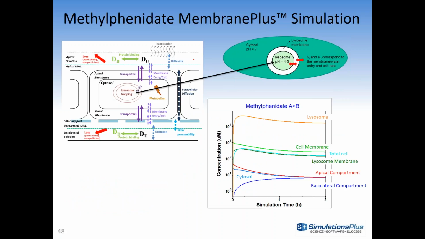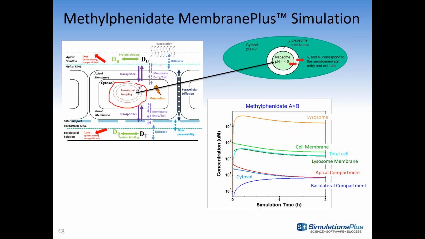So what we've done is a simulation in our MembranePlus software, which is looking really at the details of the drug permeating through the cell monolayers. In the monolayer cells, we did incorporate the lysosomal compartment as well.